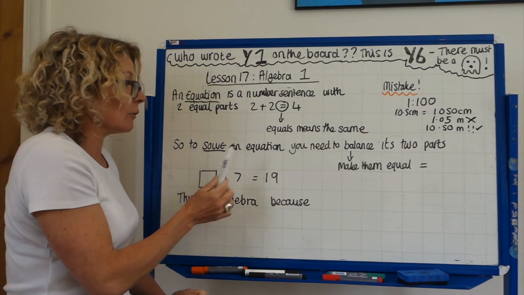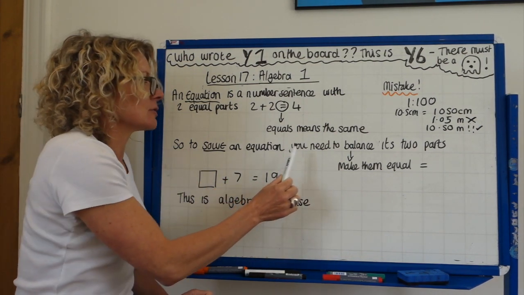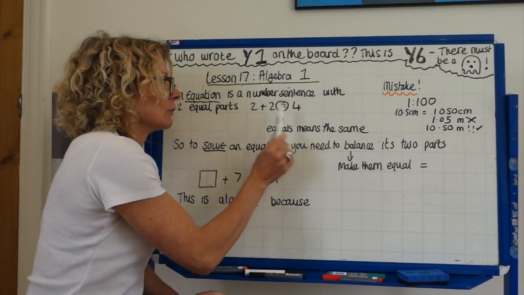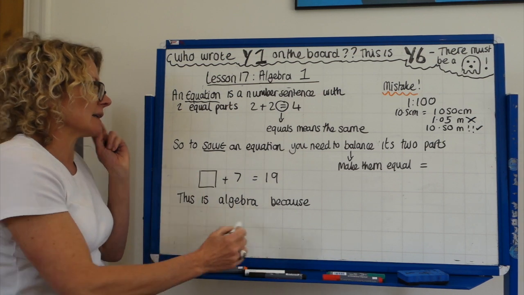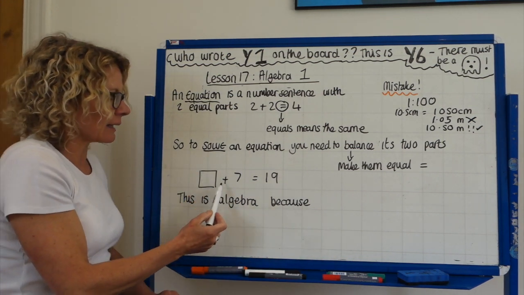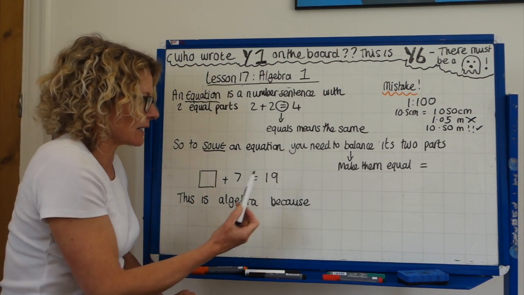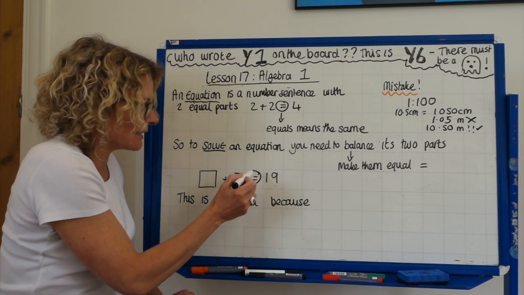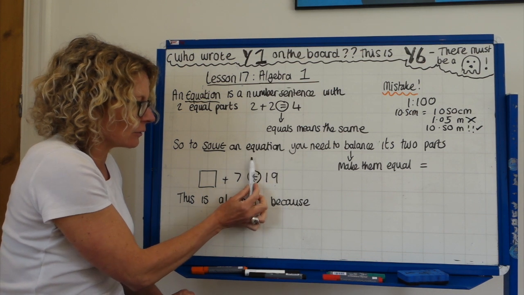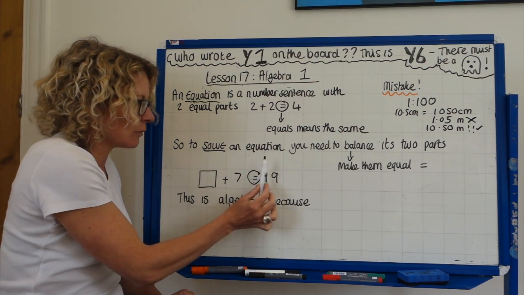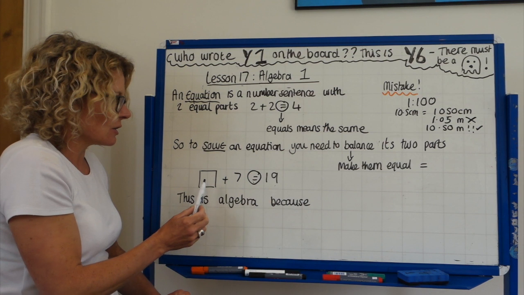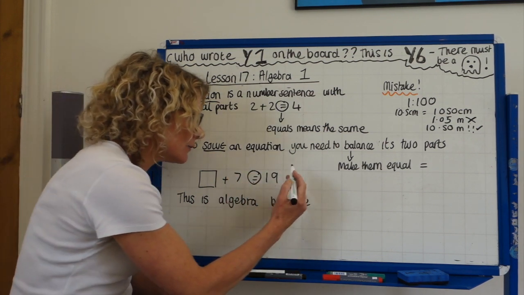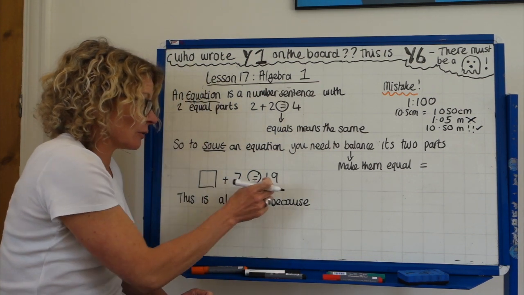To solve an equation, you need to balance its two parts. Make them equal. So let's have a look at this, right? Blank plus 7 equals 19. So this side needs to be equal to that side, okay? So what plus 7 equals 19? If you remember, you need to do the opposite.